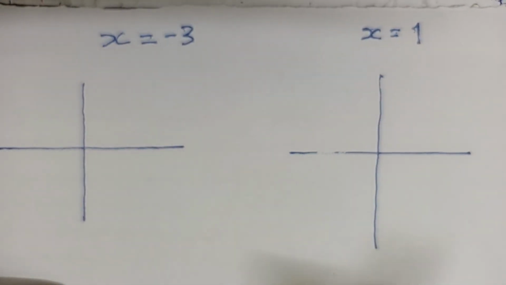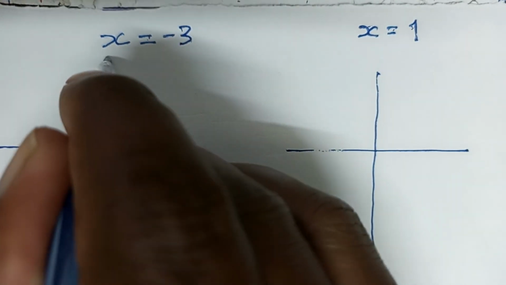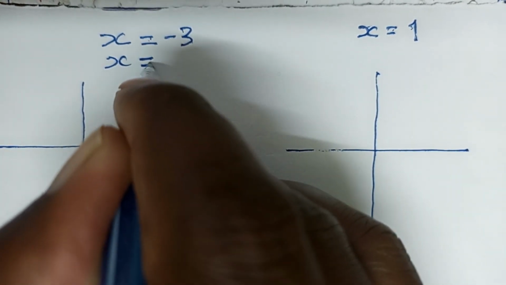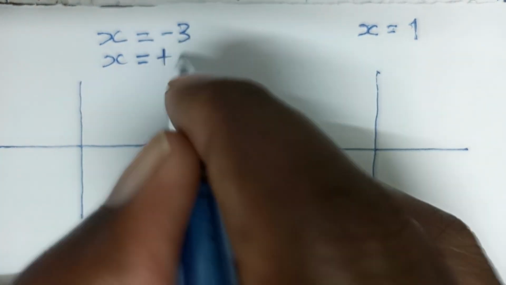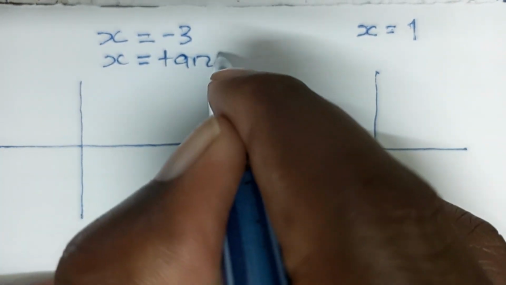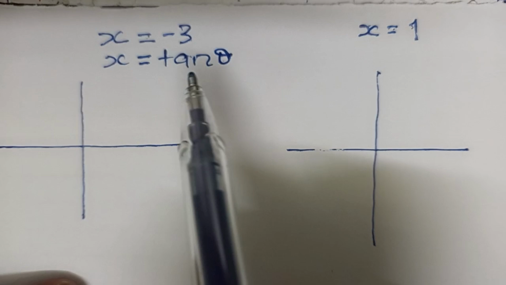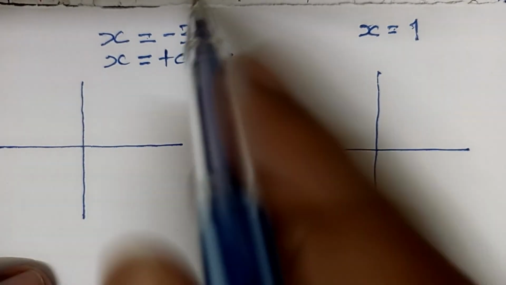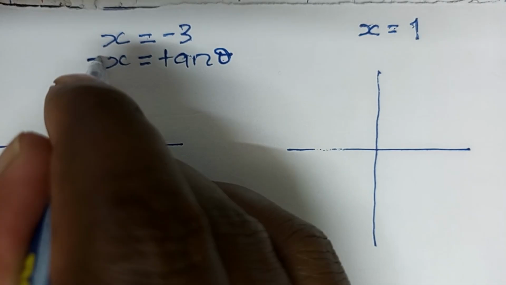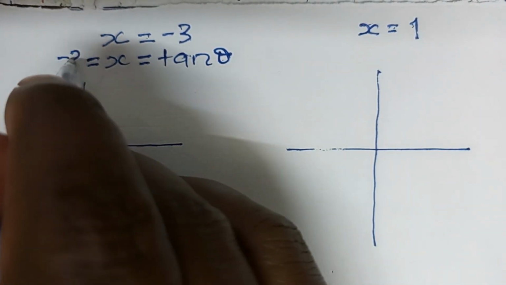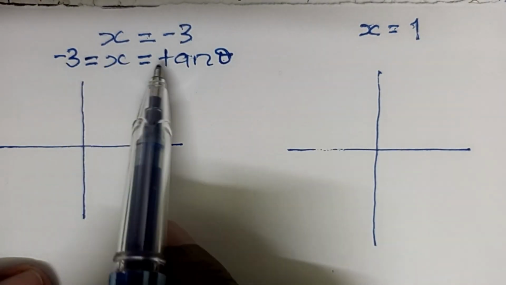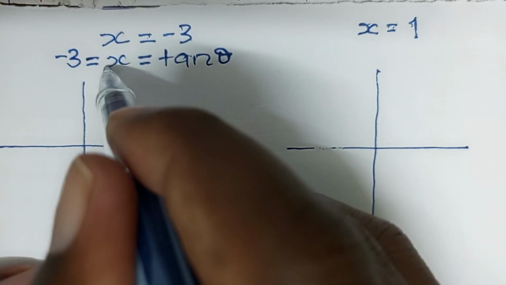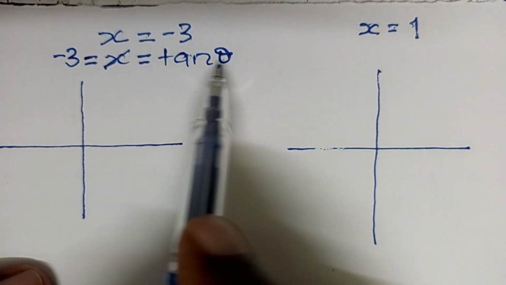Guys, now we go back to what we said, that let x be equal to tan theta. And so therefore guys, if we check now for theta, we shall take negative 3. So we deal with negative 3 is equal to tan theta.